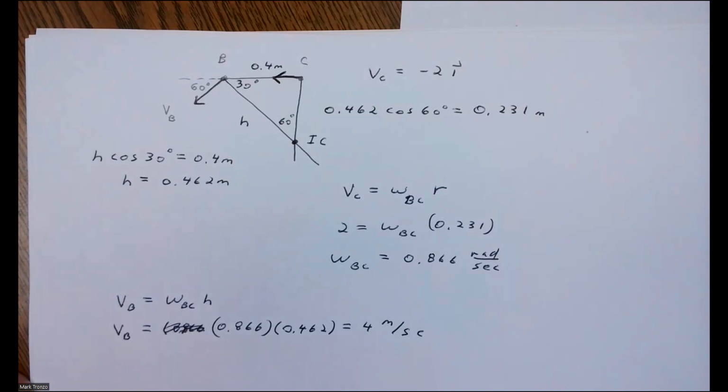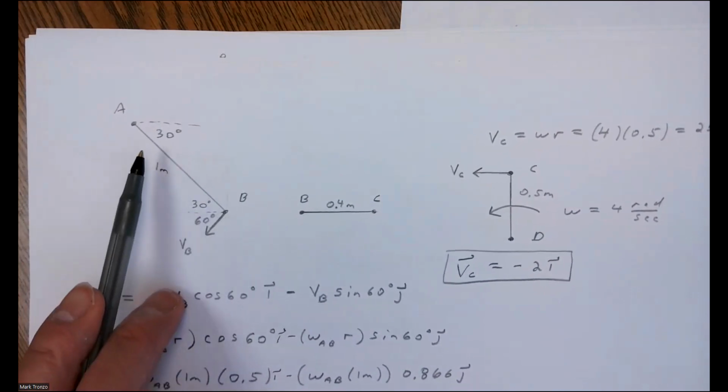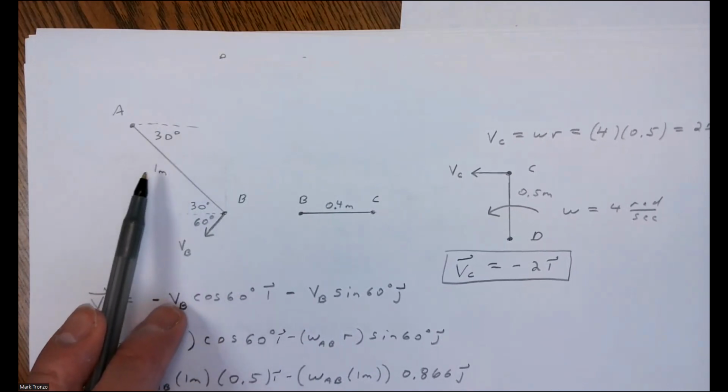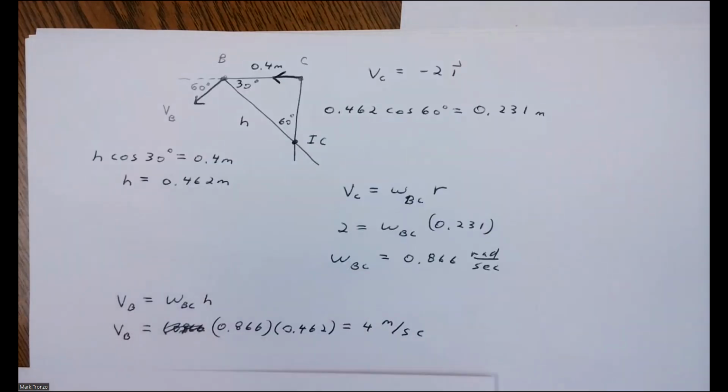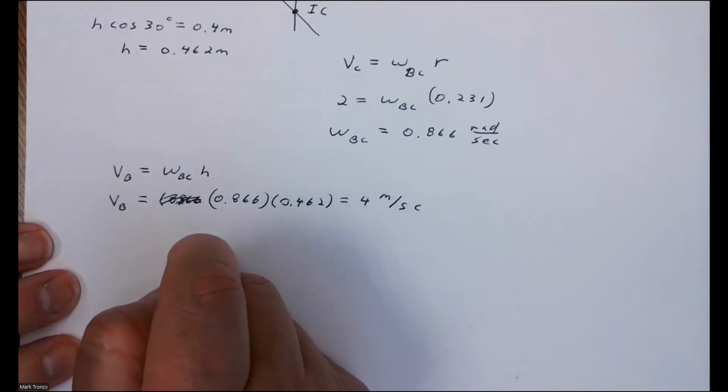I guess that's almost all we need. We do have to finally find one more velocity. Now we have to go back to this link here. We need the angular velocity of AB. And so go back to that.